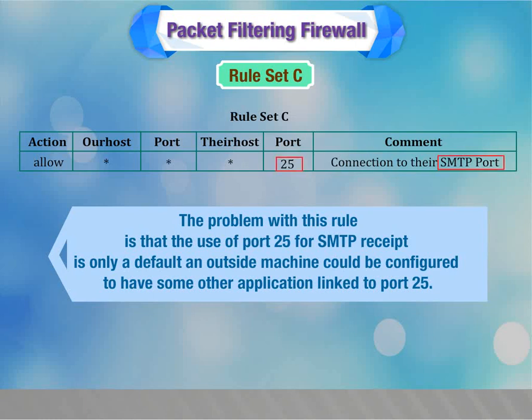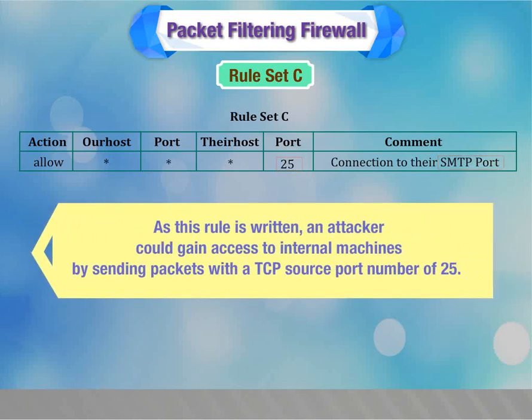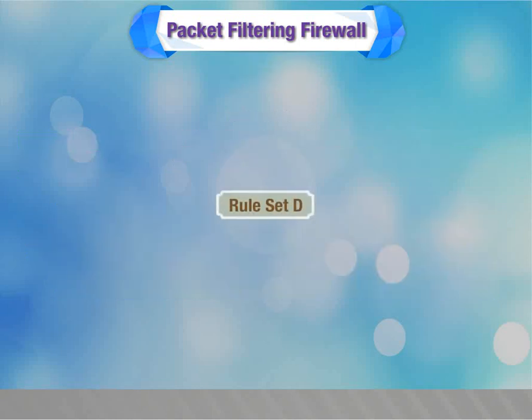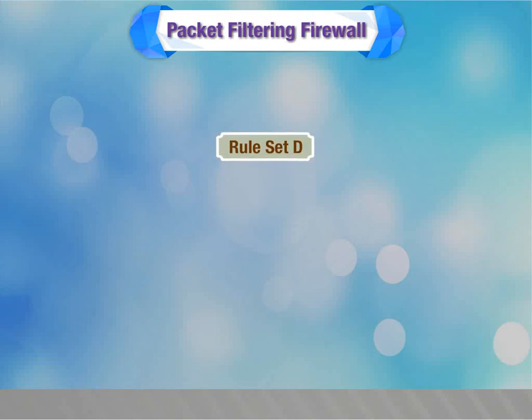An outside machine could be configured to have some other application linked to port 25. As this rule is written, an attacker could gain access to internal machines by sending packets with a TCP source port number of 25. Rule set D.